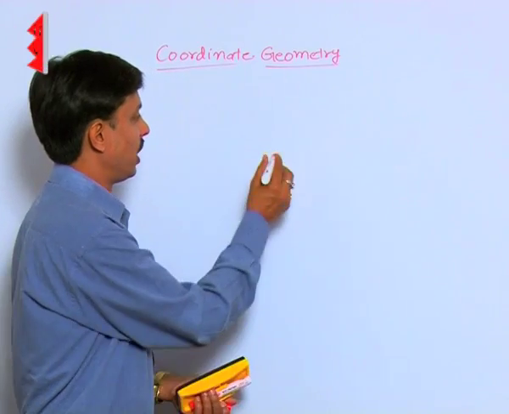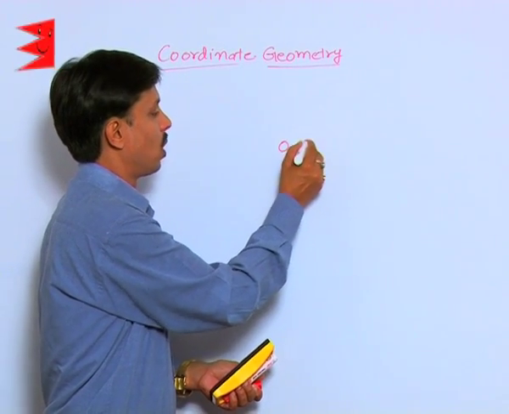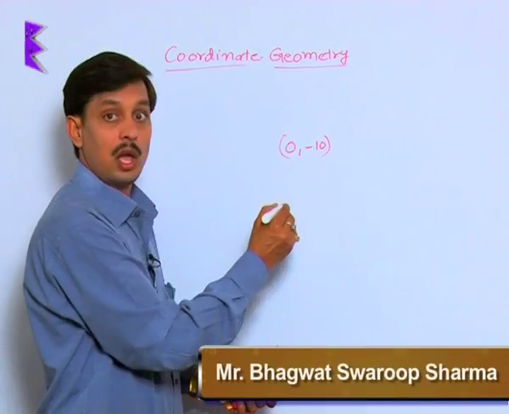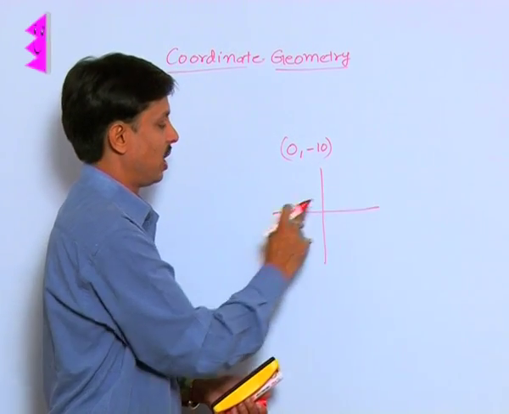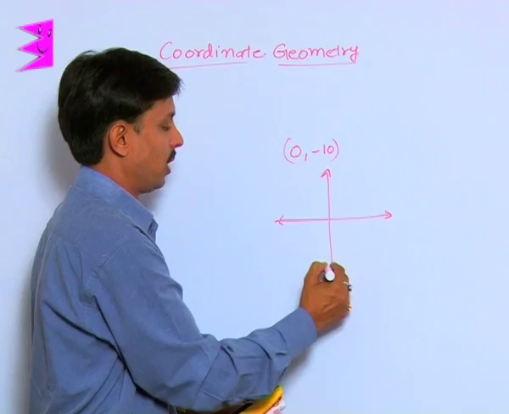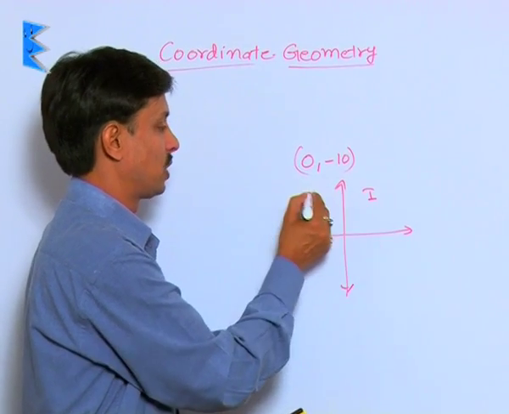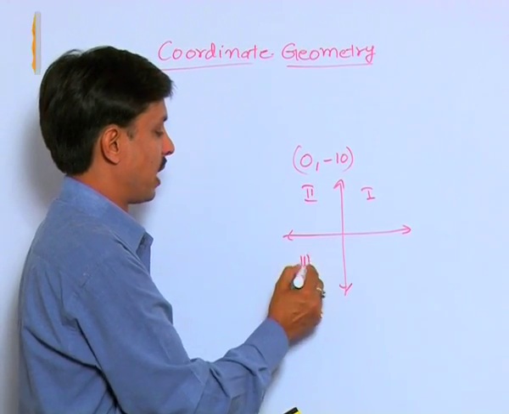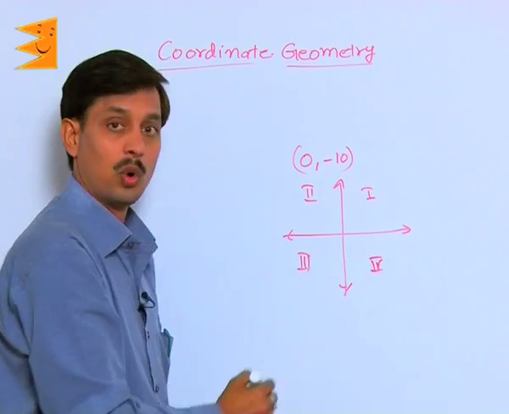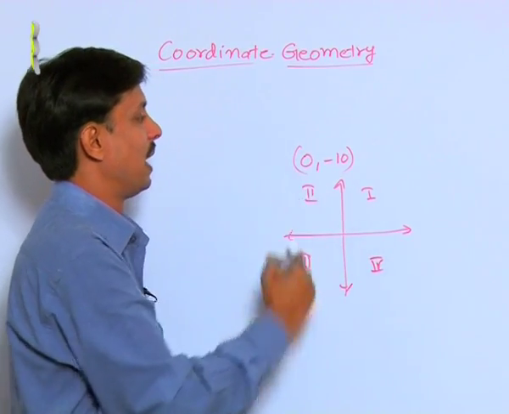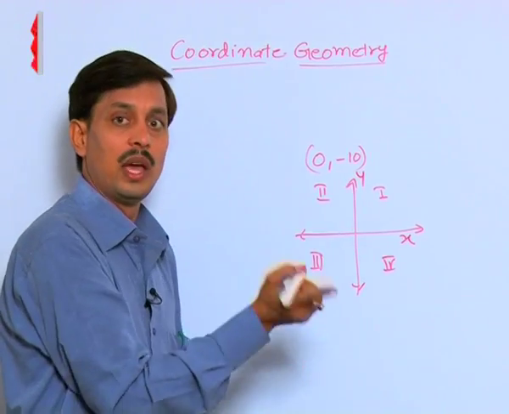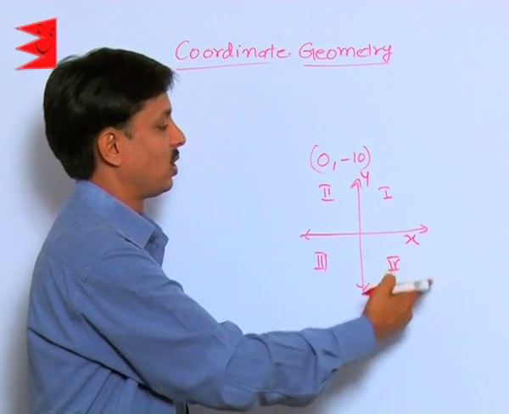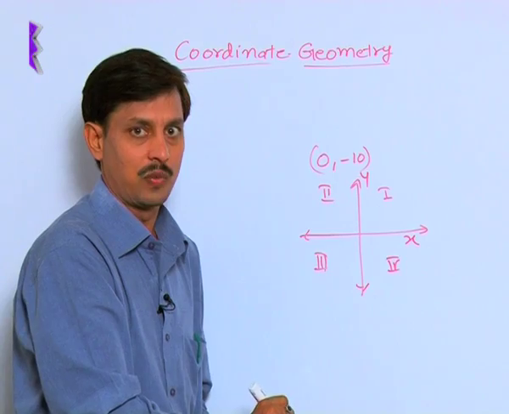In case I ask where the point (0, -10) lies, in order to locate it, you can just see the x-axis and y-axis. The quadrants have been clear to you: first quadrant, second quadrant, third quadrant, fourth quadrant. For (0, -10), we are not moving anywhere, neither in the positive direction of x nor in the negative direction of x.